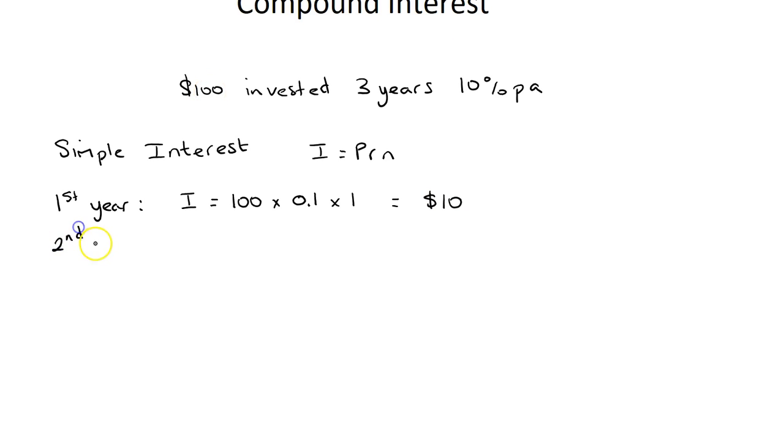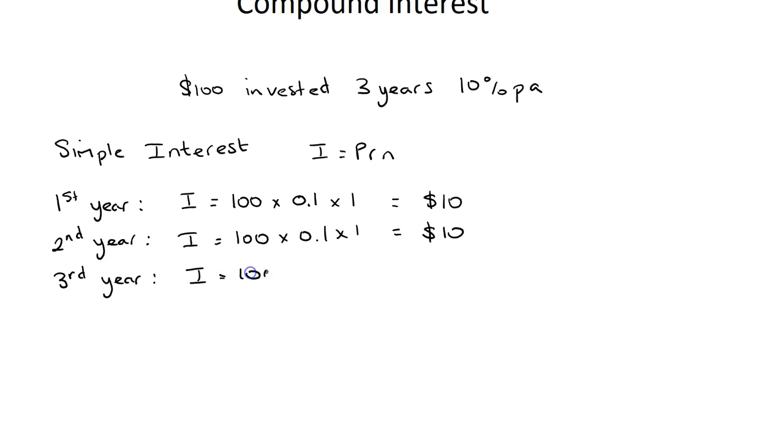Let's have a look at the second year. It's exactly the same. We have the same principal. So the amount of interest we get at the end of the second year is also $10. And the third year, again, identical. So we have another $10.